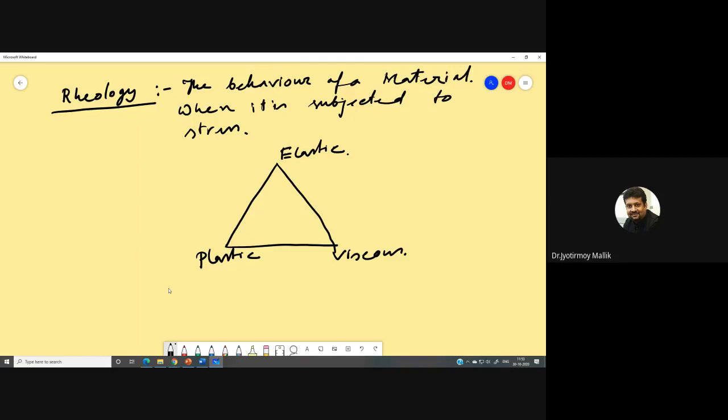There could be viscoplastic. There could be viscoelastic, and there could be viscoplastic as well.